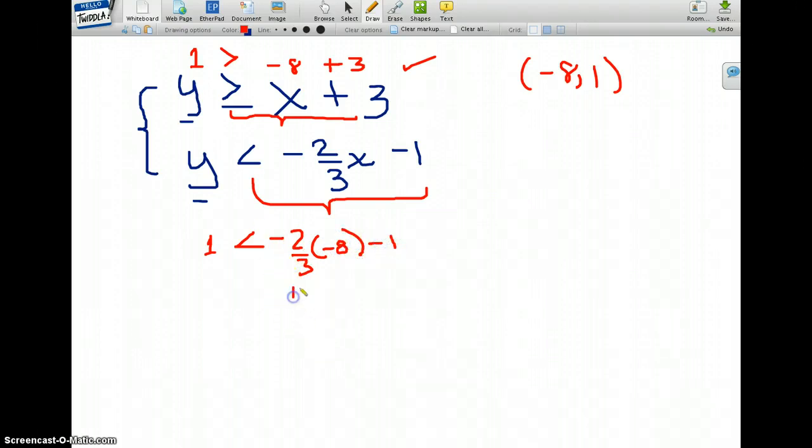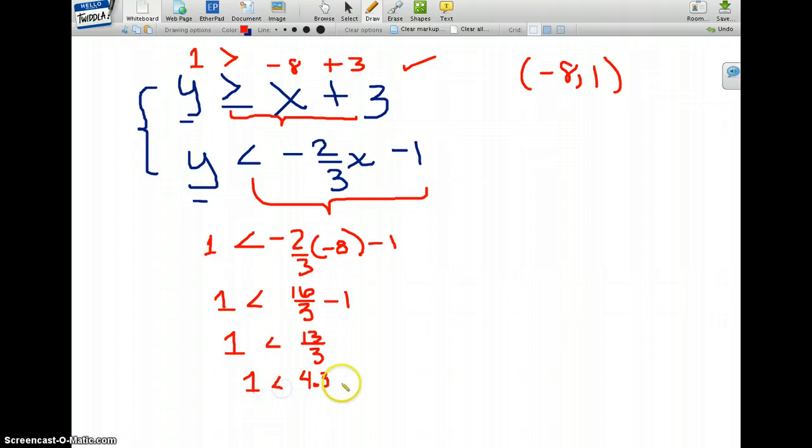This is 16 over 3 minus 1. I hope you remember your basic math skills. When I do the math, this is going to be 13 over 3, which is around 4.3 if I use decimals, and 1 is smaller than 4.3.